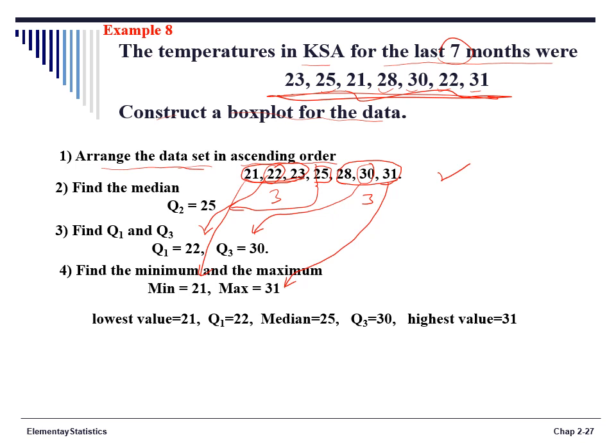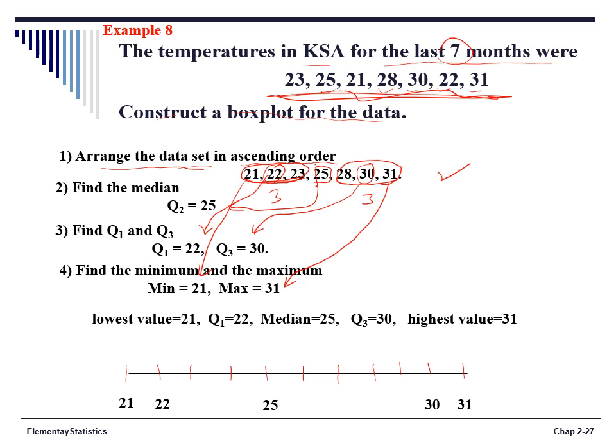Now let's try to make the box plot. So we draw a line, and we place the numbers on the line. Let's start from the minimum, 21, and then 22, and then 25, and then 30 and 31. They have to be on a regular scale. So 23, 24, 25, 26, 27, 28, 29, 30, 31.